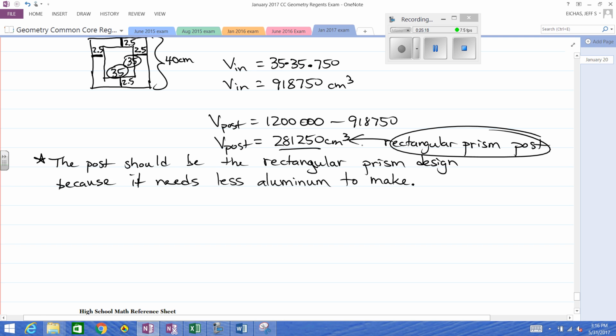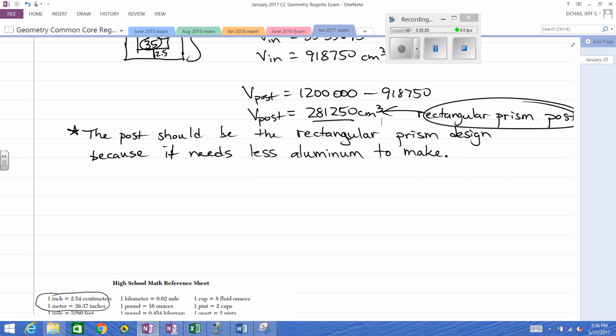Now it wants how much money will be saved to use the less expensive design. So let's get a difference in how much aluminum is used. How much less aluminum?